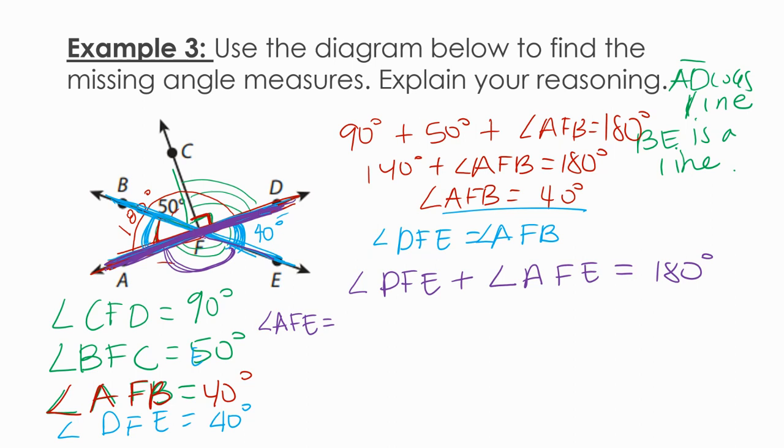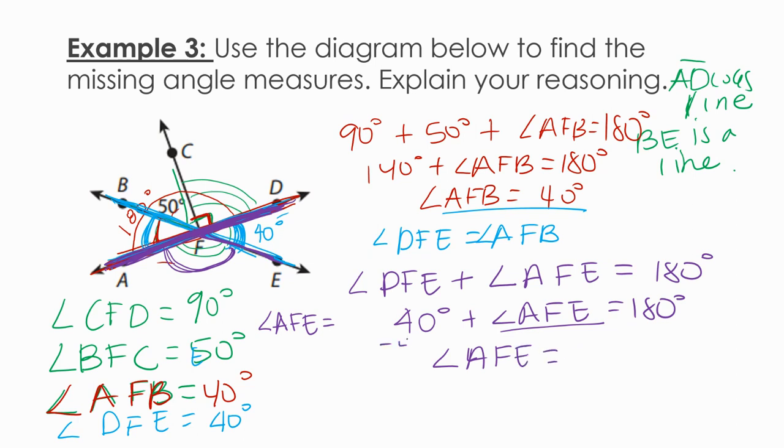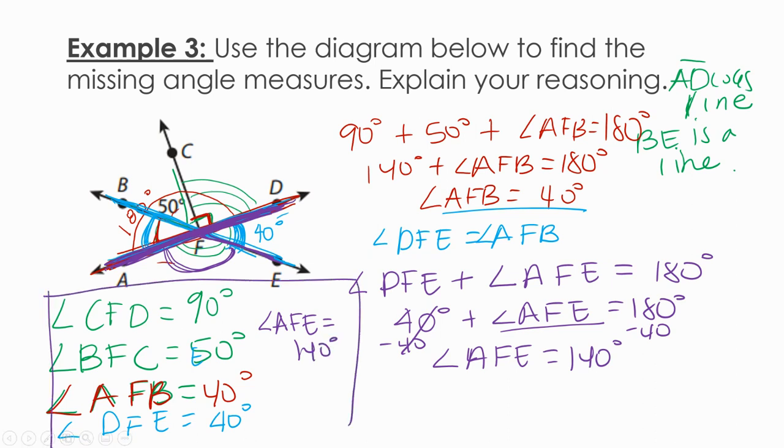And I just found out that angle DFE is equal to 40 degrees. Now I can isolate AFE by subtracting 40 on both sides. Therefore, angle AFE is going to equal 140 degrees. And now I have solved for every single unknown.